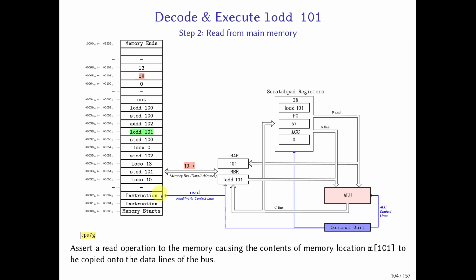and then to assert a read command to the circuitry of the main memory, which then, after a delay, responds and goes to memory cell 101 and gets the value that is stored in memory cell 101 and copies it out of the main memory as a set of signals which are then transferred as an input to the CPU.